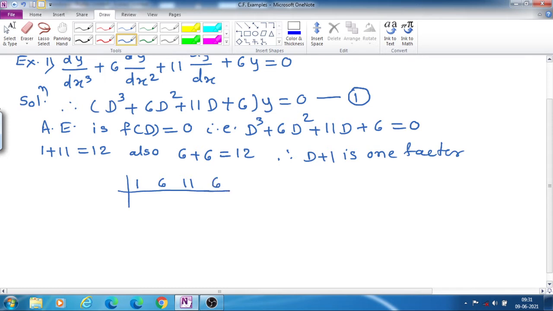If there is a term missing, if there is no d square term, then at that place we write 0. Here all the terms are present, d cube, d square, d and constant. So write the coefficients and then take here minus 1. If d plus 1 is factor, then take here minus 1 for division. If d minus 1 is factor, then take here plus 1.